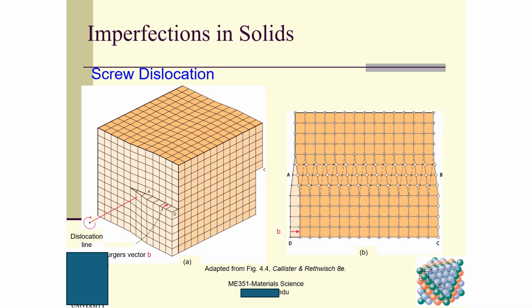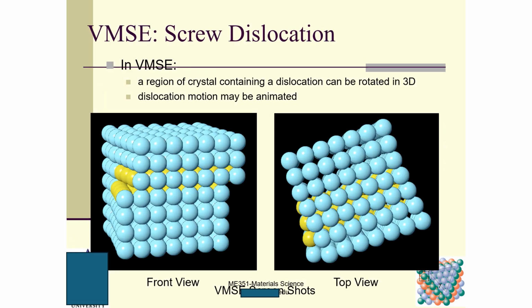This line comes from this line to here, and the same thing for the C point. So here is this location line, and this is the Burgers vector. So this is a screw dislocation.